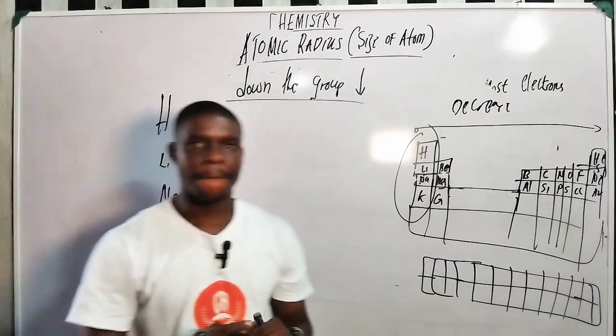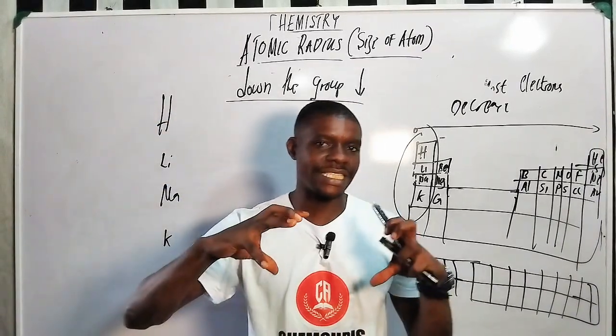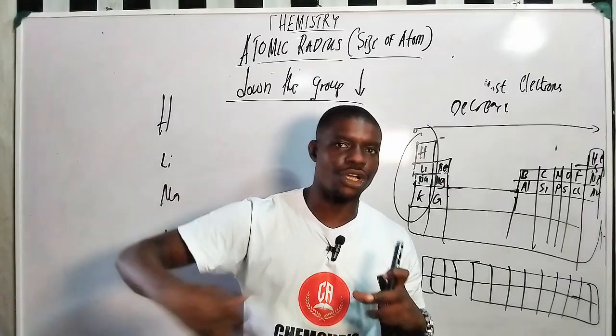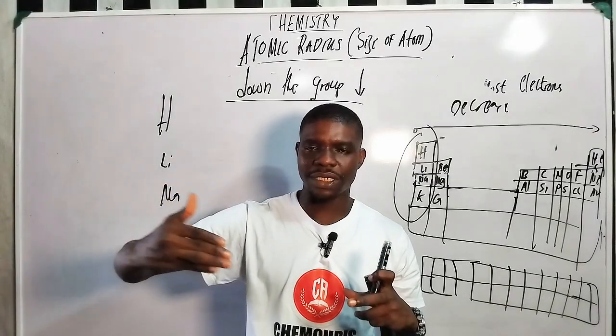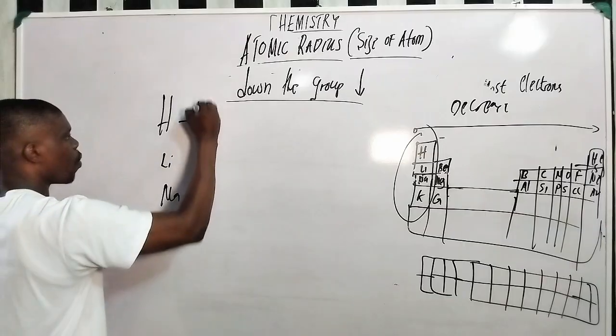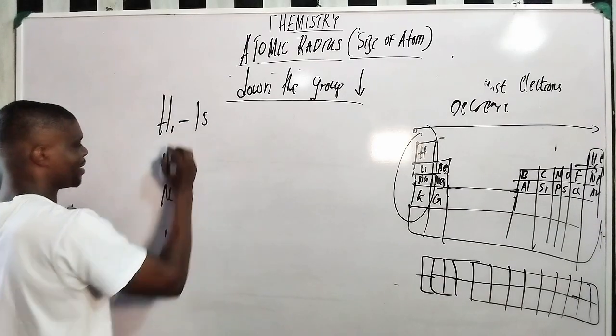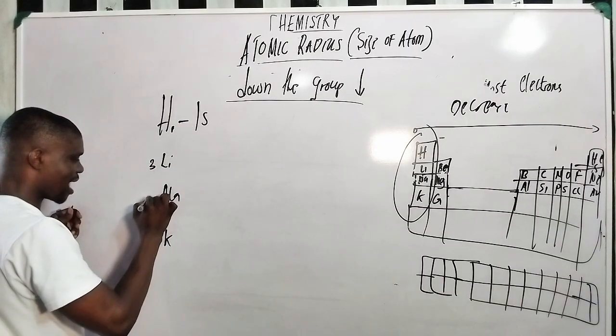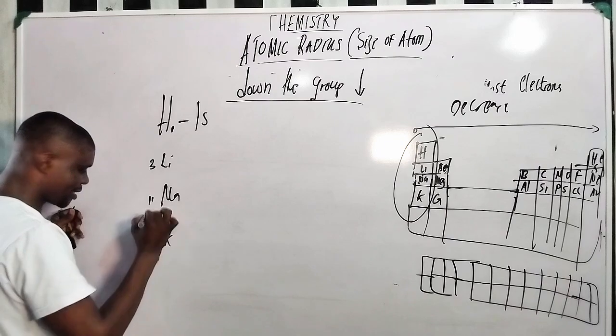So remember, if you go down the group, there's an additional shell added. Here the atomic numbers are 1, 3, 11, and 19.